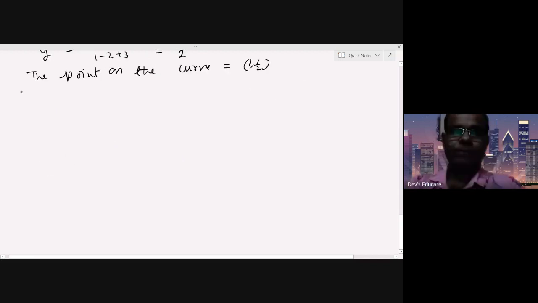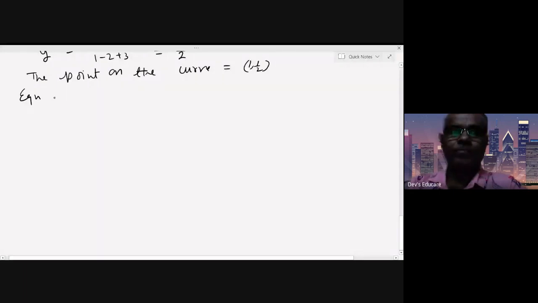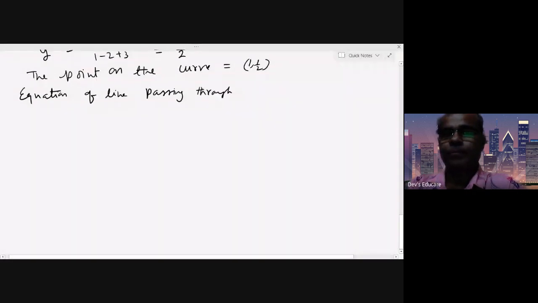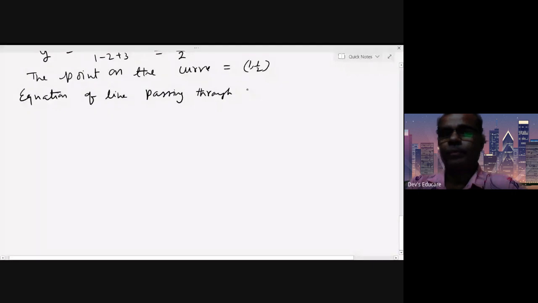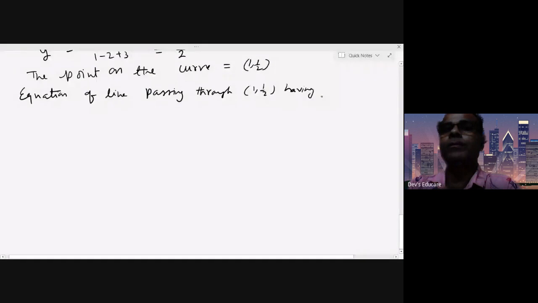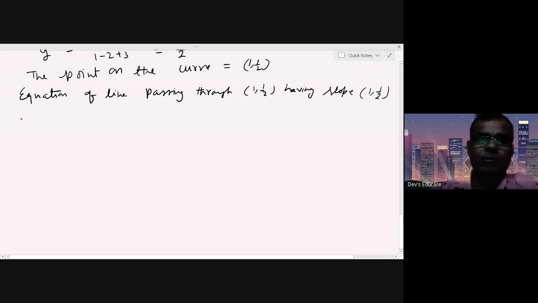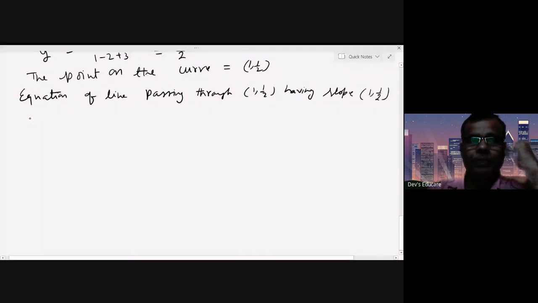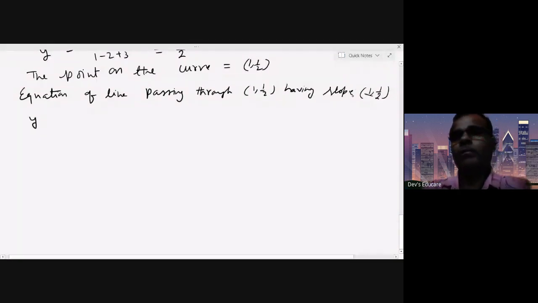So, equation of line passing through (1, 1/2), having slope 0.